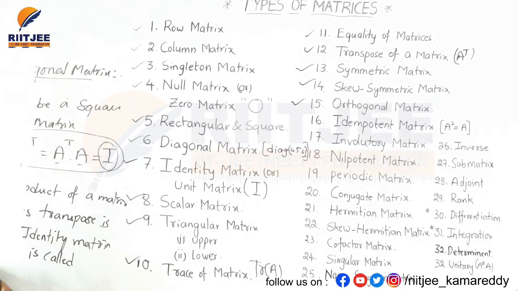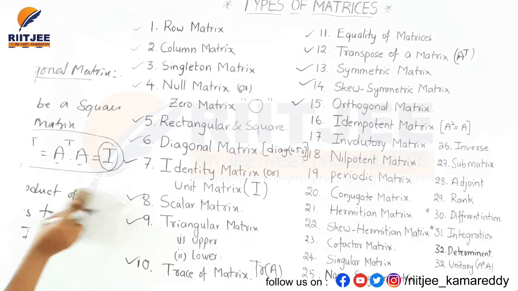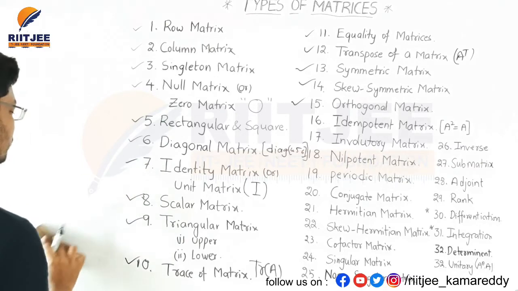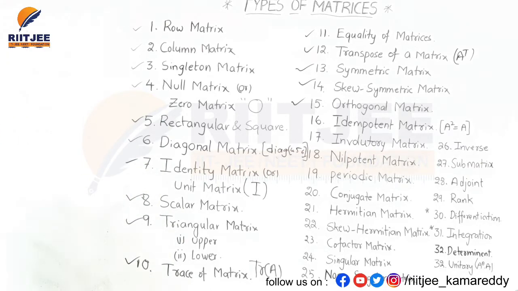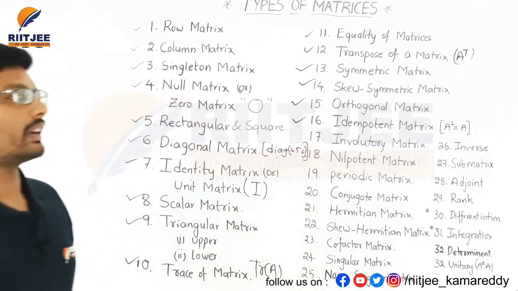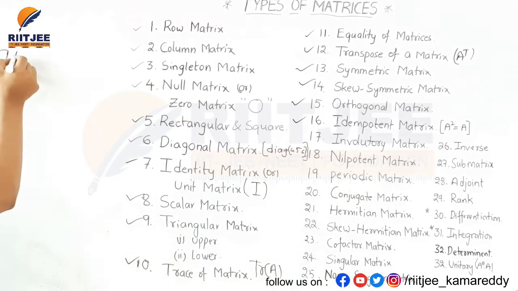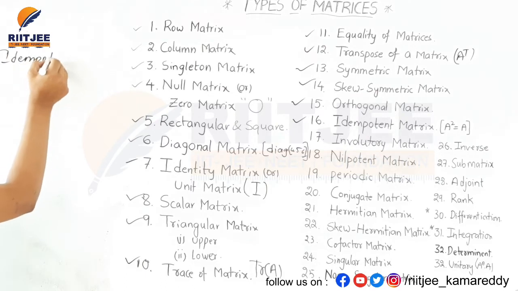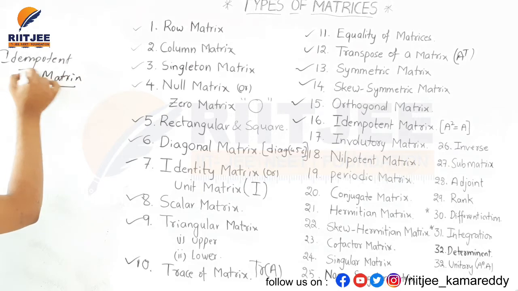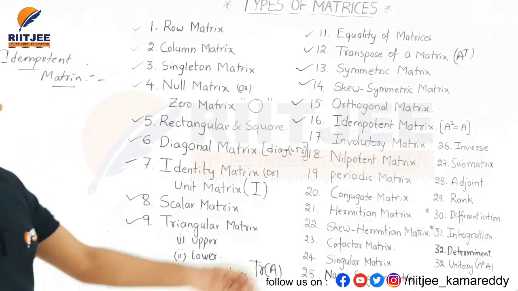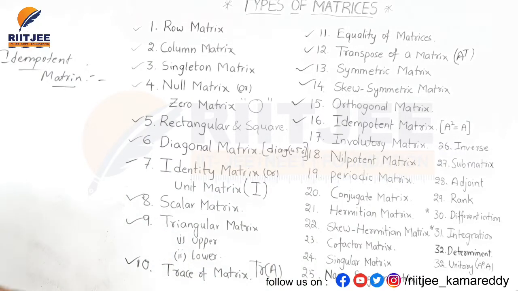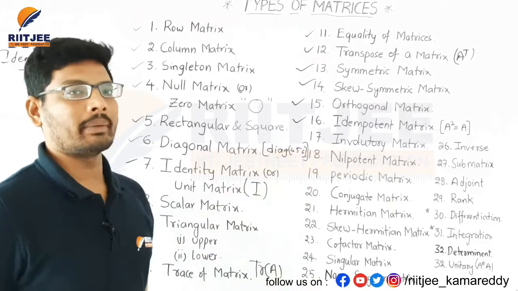And the next type of matrix is idempotent matrix. Idempotent matrix is nothing but, if you multiply a matrix with itself, and again you get the same matrix, it is called idempotent matrix.